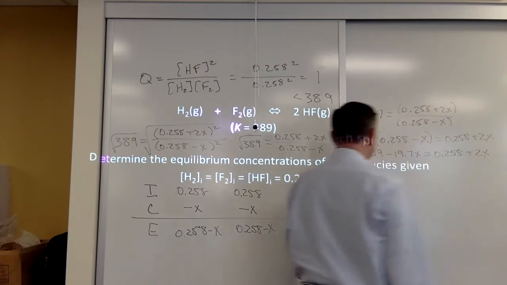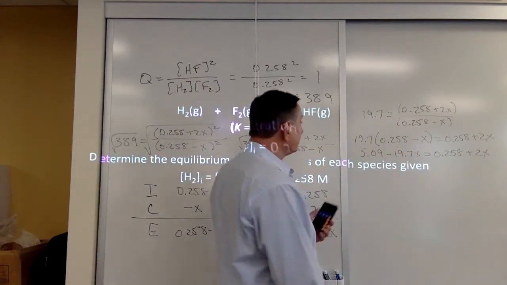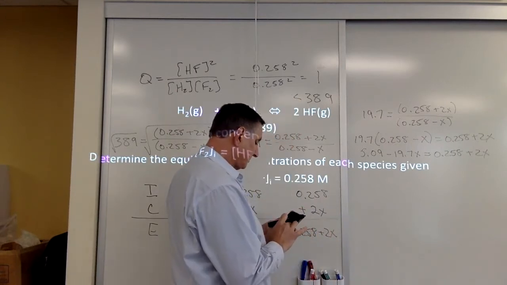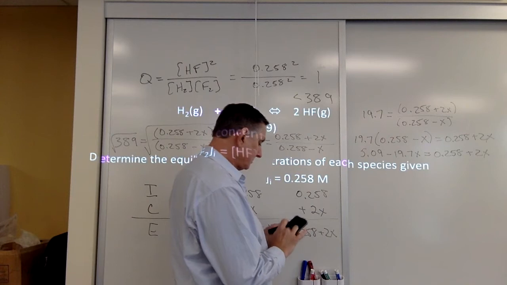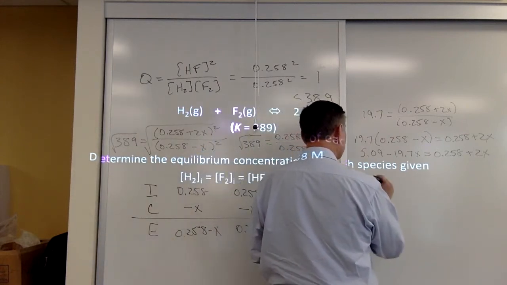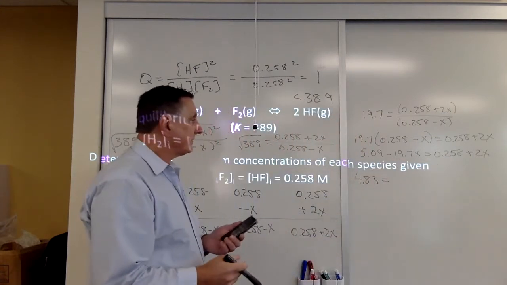So I am going to subtract 0.258 from both sides. That gives 4.83. And then I'm going to add 19.7X to both sides.